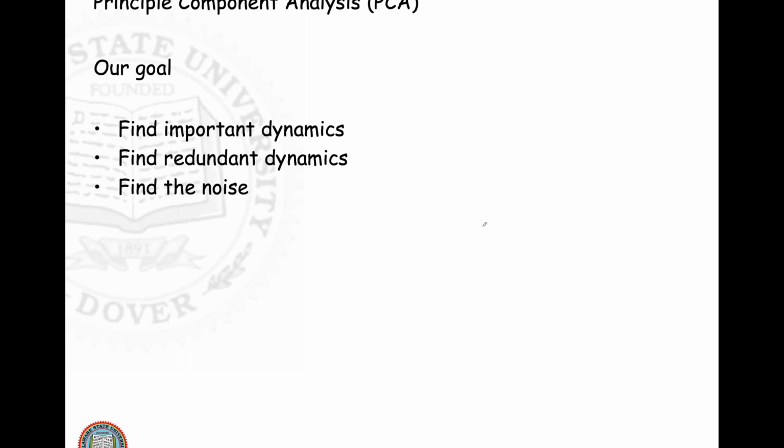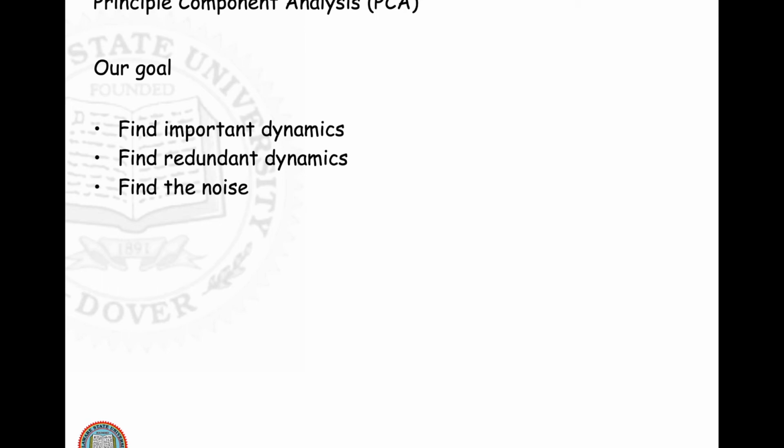Okay, so our goal then is threefold: to find the important dynamics, important meaning the particular principal vector, or the unit vector that describes the direction in which the dynamics unfold; to find the redundant dynamics, because if you have descriptors or features that are telling you the same thing, you don't need all of them, and can therefore reduce the dimensionality of your feature space or reduce the rank of the vectors that describe your object in feature space.